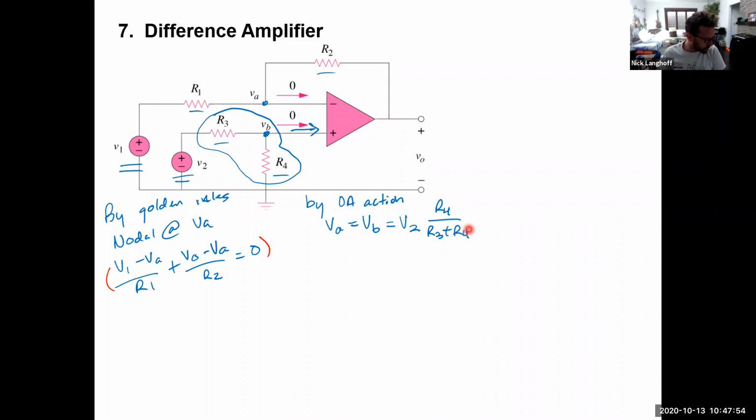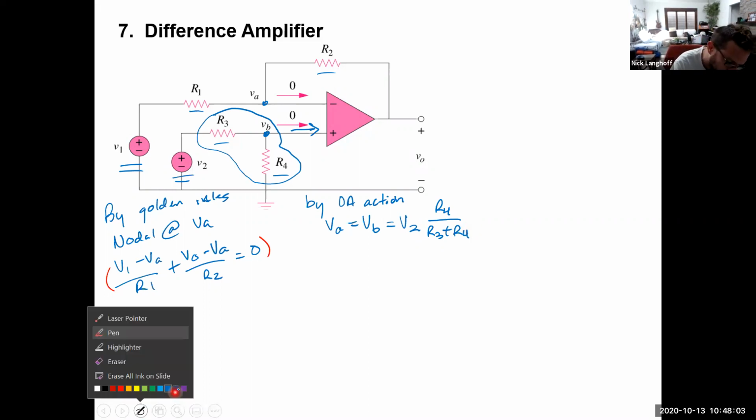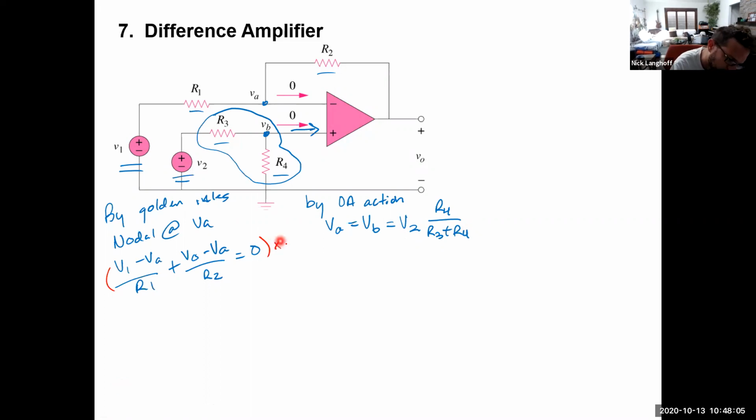And now what I'm going to do is plug in, if I multiply this thing by R2, okay, so I'm going to take the first equation we wrote by R2, and I solve this for Vout.